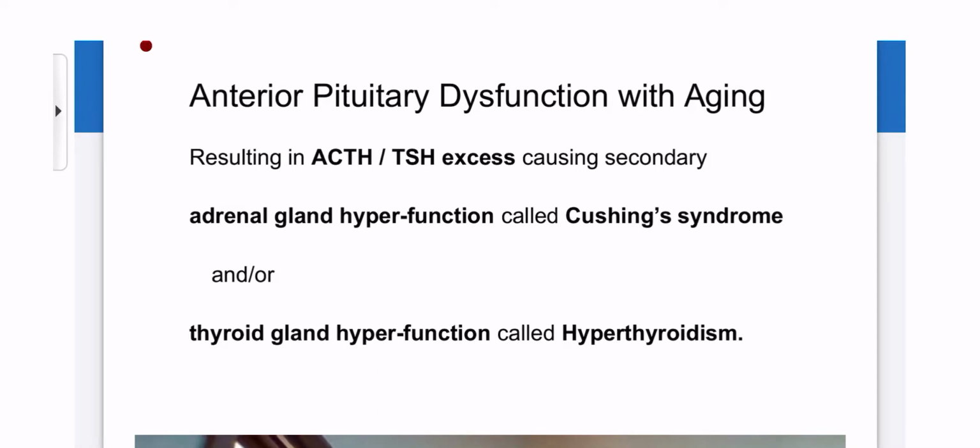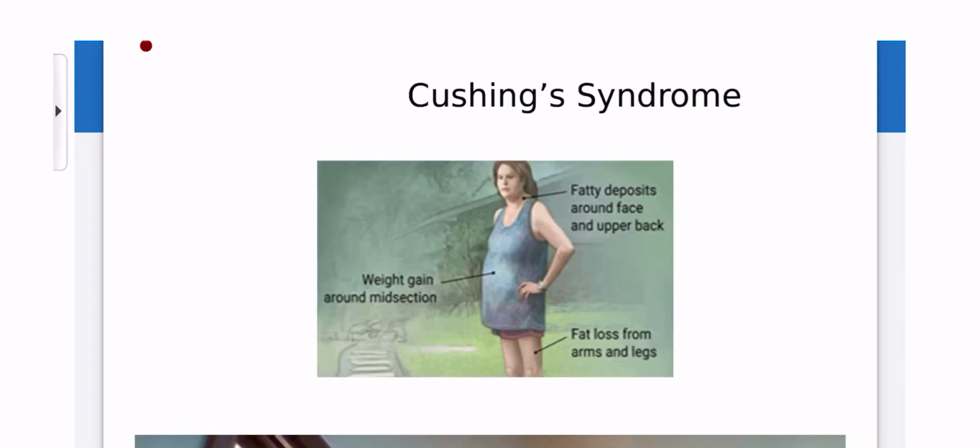Now, Cushing's syndrome, we see here, and you've probably seen people like this, where you have truncal obesity, fatty deposits around the face and upper back, and fat loss from arms and legs. So we call it truncal obesity, moon face, buffalo hump, and skinny arms and legs.